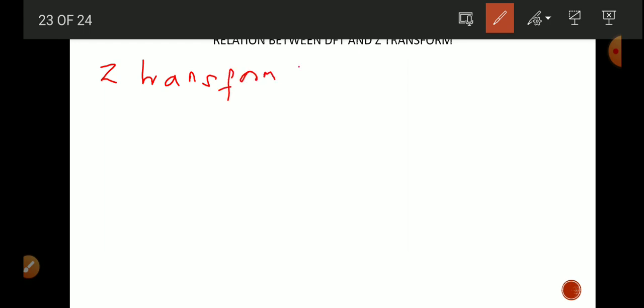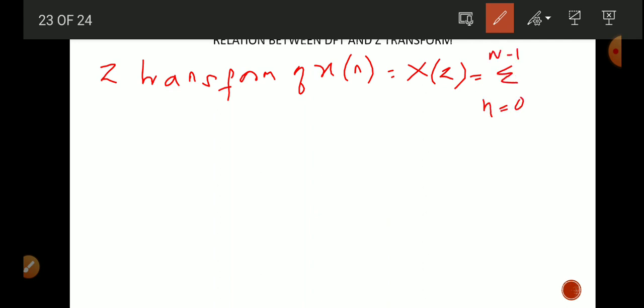So the Z transform of x(n) can be written as X(z). X(z) equals summation n=0 to N minus 1 x(n) z raised to minus n, which is the Z transform of x(n).